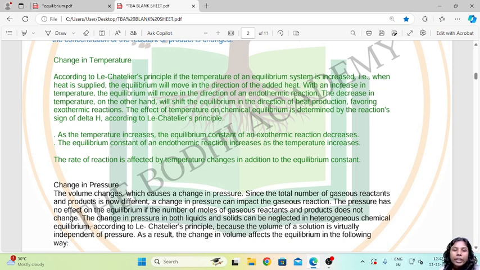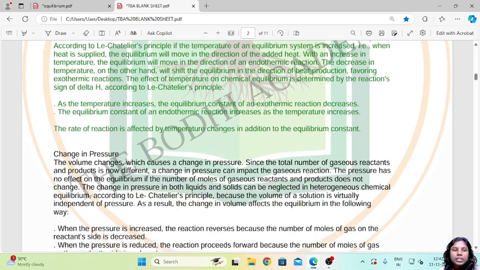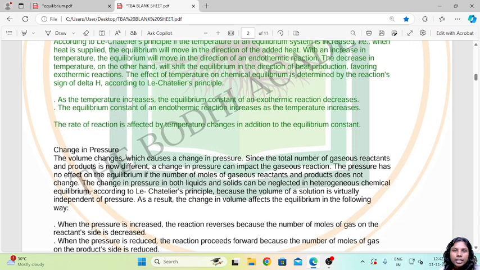The effect of temperature on any chemical equilibrium is determined by the sign of delta H, according to Le Chatelier's principle. Now, this is very important: as the temperature increases, the equilibrium constant of an exothermic reaction decreases.